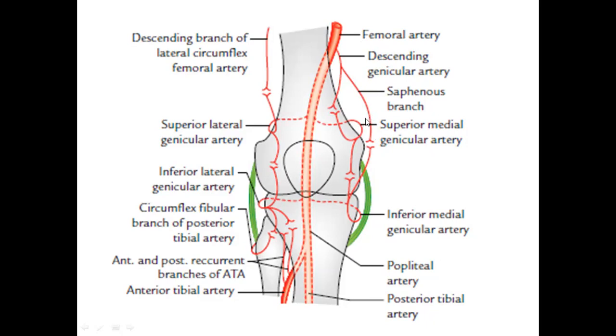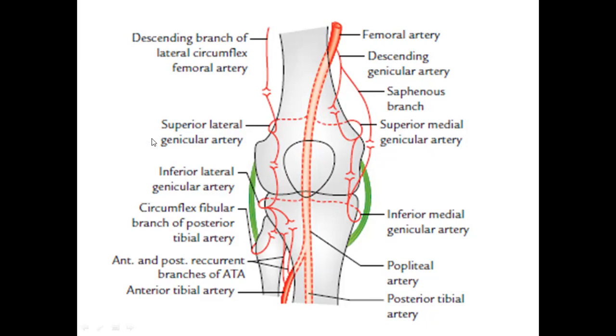The superior medial genicular artery, which is a branch of the popliteal artery, anastomoses with the inferior medial genicular branch and the descending genicular branch of the femoral artery. Then the inferior medial genicular branch anastomoses with the saphenous branch, that is a branch of the descending genicular artery, and the superior medial genicular artery.